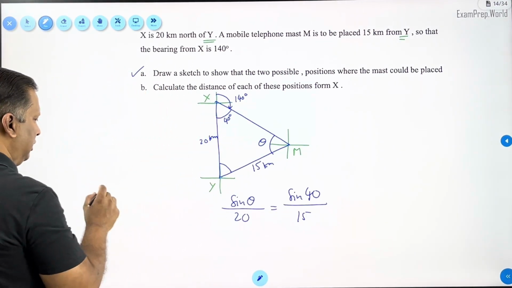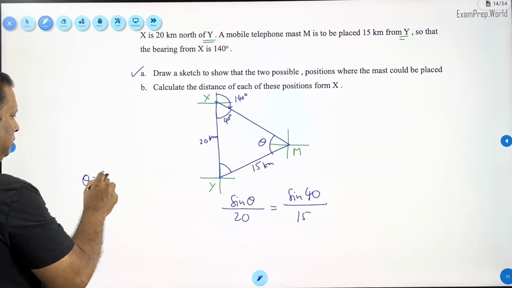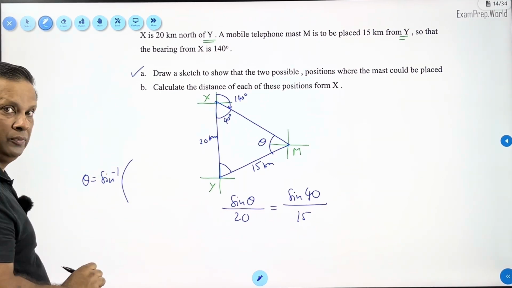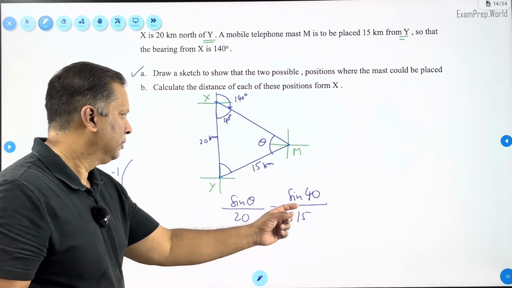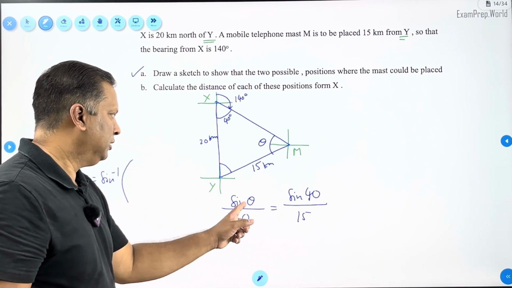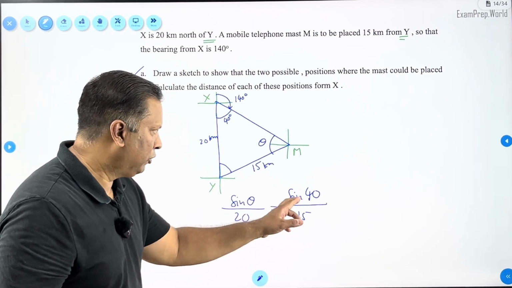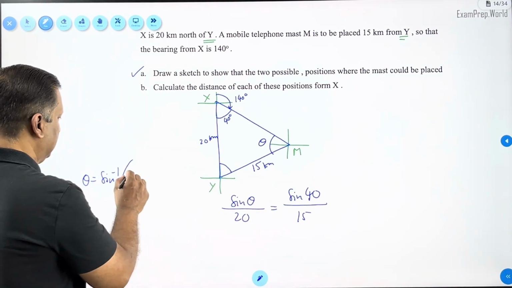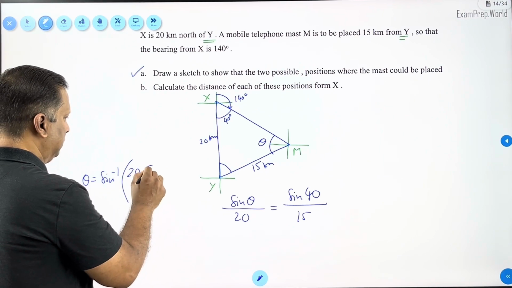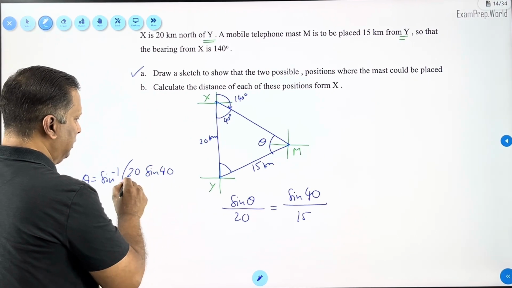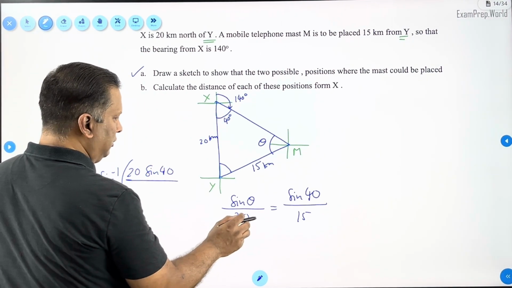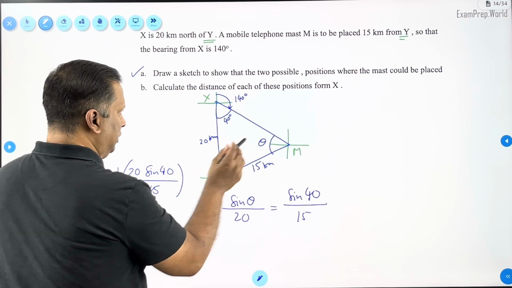So this theta will be equal to sine inverse of 20 times sine 40 divided by 15. So this theta we get.